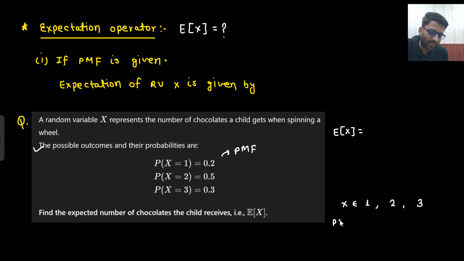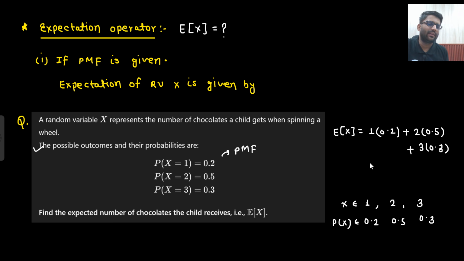And what are the probabilities associated with these values? For 1 it is 0.2, for 2 it is 0.5, and for 3 it is 0.3. Now you take the value and multiply it with its probability, plus you take the next value and multiply it with its probability, then the next value and multiply it with its probability.